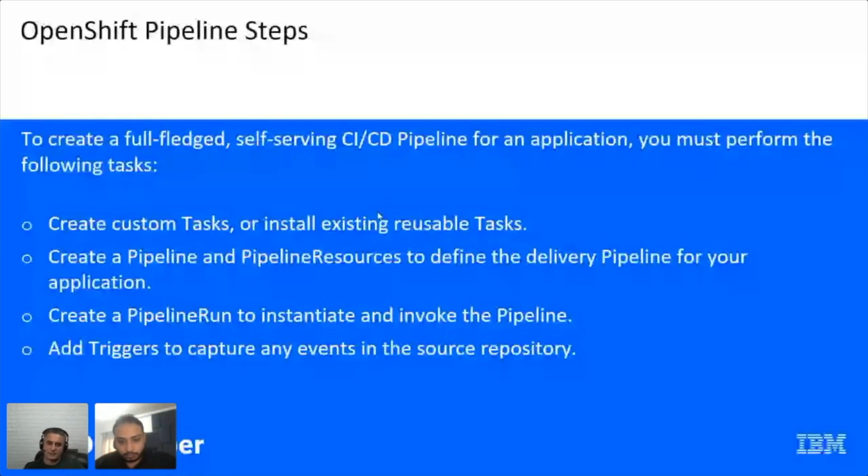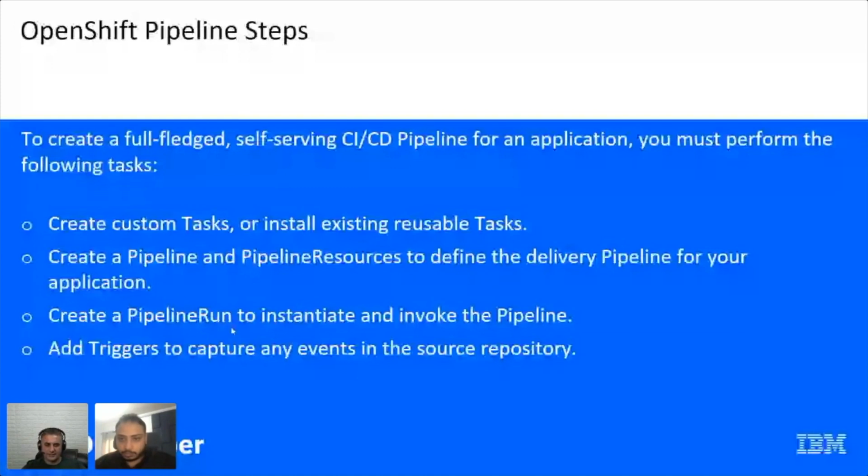Tasks equal steps. These tasks are all put together one after the other, and they generate a pipeline. So you create a pipeline and pipeline resources to define the delivery pipeline for your application. With pipeline resources, you can say, yeah, the pipeline resource is this Git repository, and so on. And then you create a pipeline run.